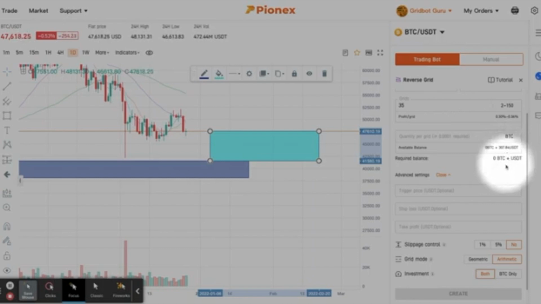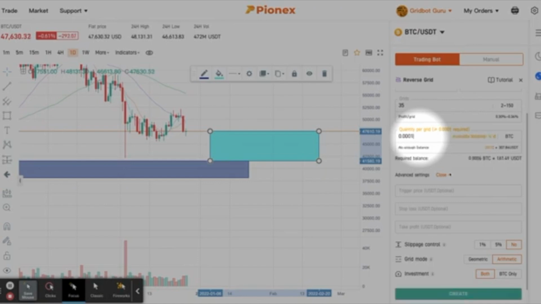The required balance is 0 Bitcoin plus, so here I could say 0.0001. I still need some Bitcoin because I don't have any, so the required balance right now would be 0.0004 Bitcoin. That helps out.